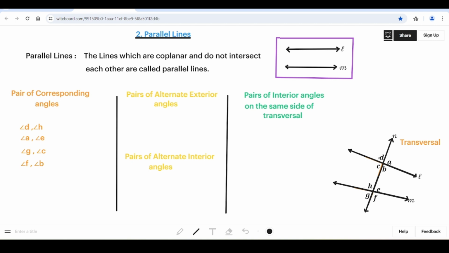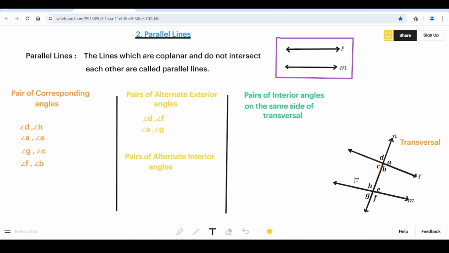Angle D is an exterior angle, and alternate to that is angle F. So the first pair of alternate exterior angles is angle D and angle F. In a similar way, the exterior angle is A, and alternate to that exterior angle is angle G. So another pair will be angle A and angle G.